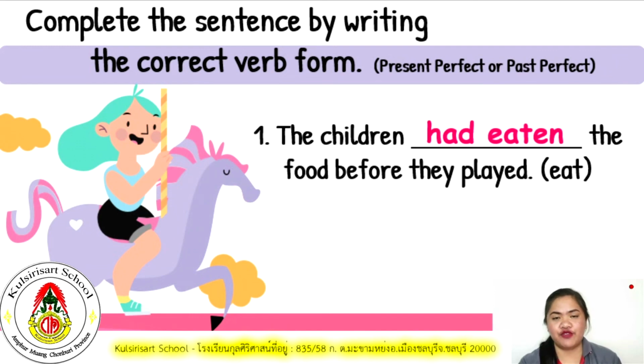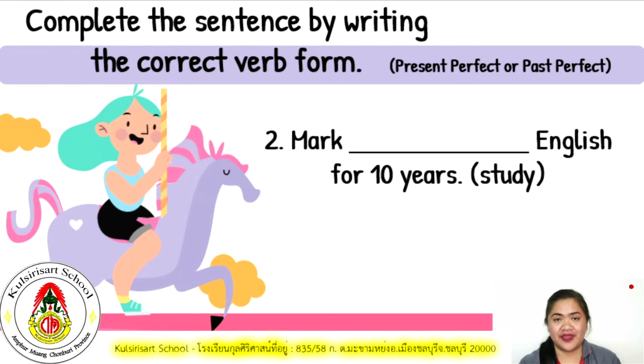So now we have number 2. Mark blank English for 10 years. And the verb here is the word study. What should be the correct verb form that we should write on the blank? Is it in the present perfect or past perfect form?